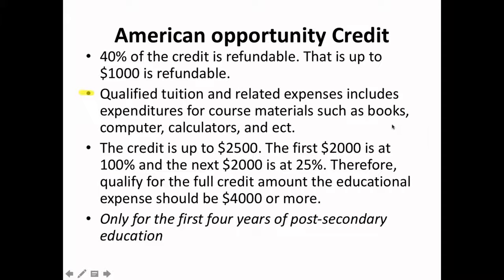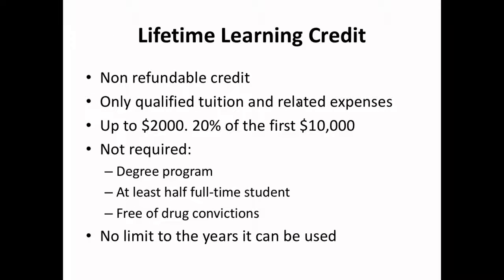A couple of things you'll understand here as we continue with the class is the lifetime learning credit. That's the next credit, right? So we're going to move on to the lifetime learning credit, a non-refundable credit. Understand that, non-refundable. What does non-refundable mean?